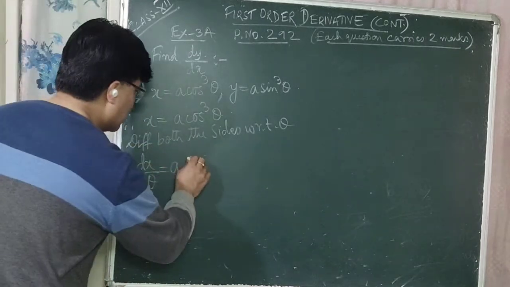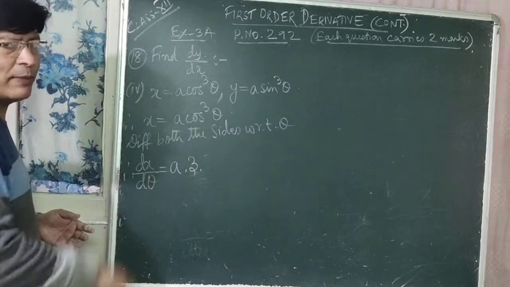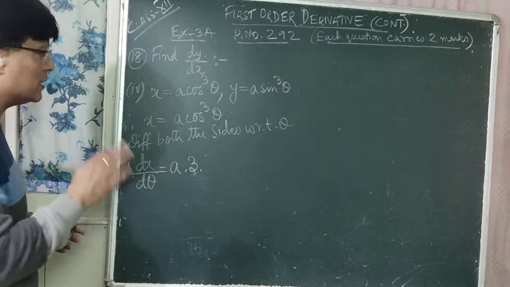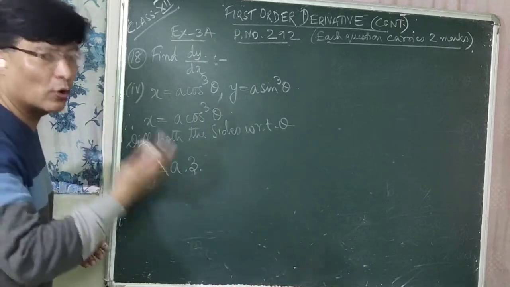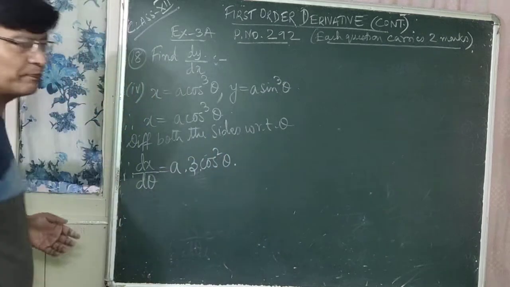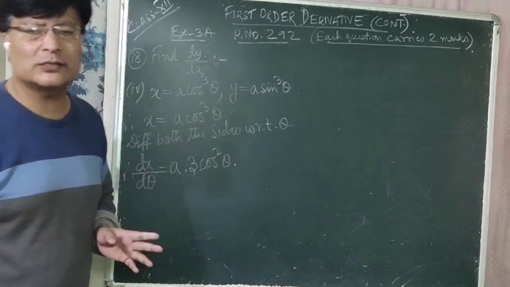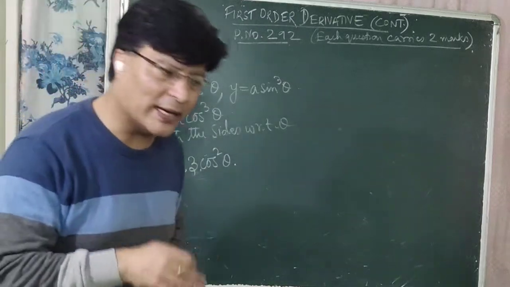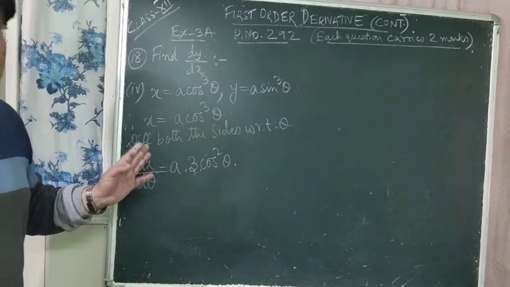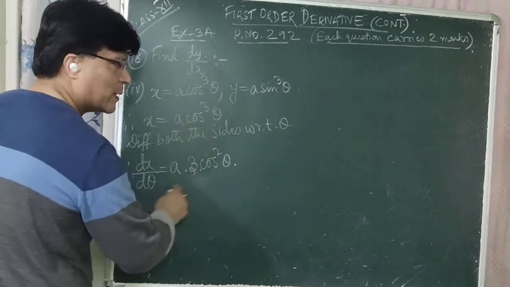So similarly here you can write 3 comes in the front, then decrease the power by 1, that is you will get 2, that is it will be cos theta whole square, but it is cos square theta into, which function was taken as x? Cos theta was taken as x. Now again you have to differentiate cos theta with respect to theta. So what is the differentiation of cos theta with respect to theta?